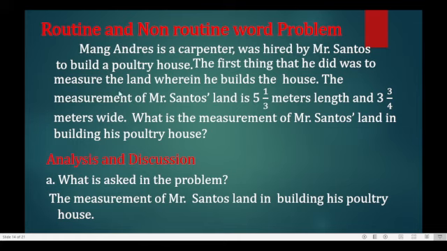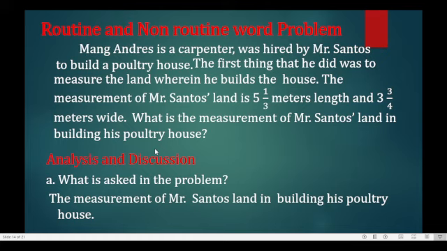It says here, what is the measurement? So the measurement of Mr. Santos' land in building his poultry house. The problem is asking for the length and the width, or I mean the area. So that is the area of the land of Mr. Santos in building his poultry house.